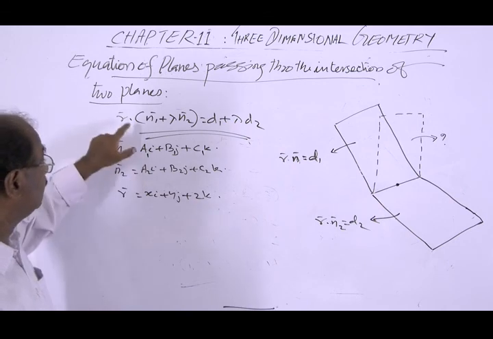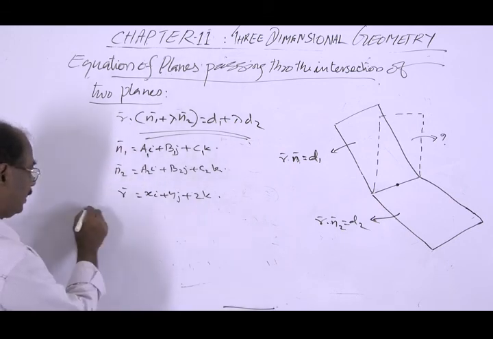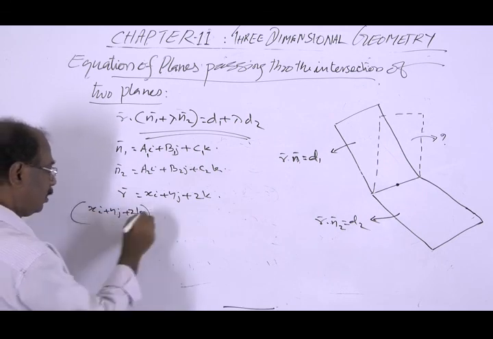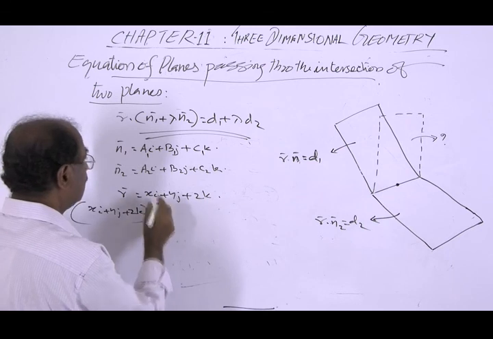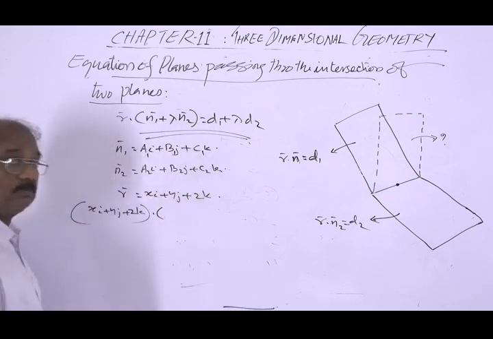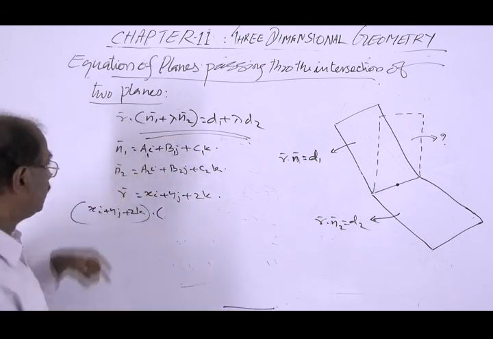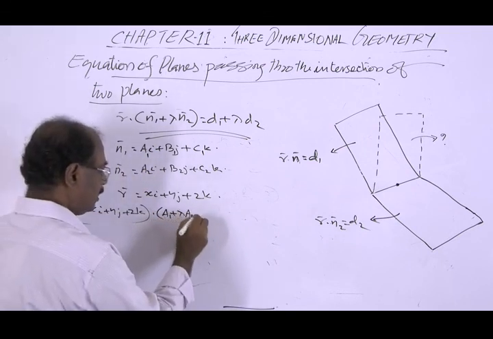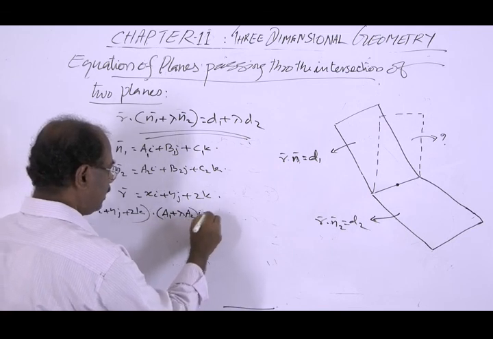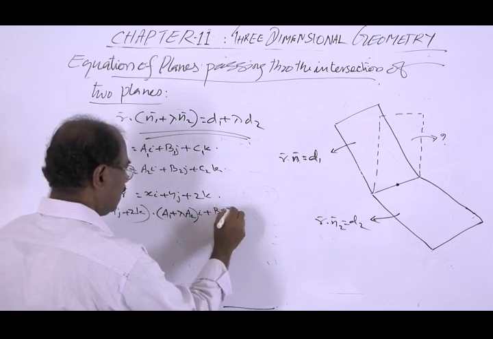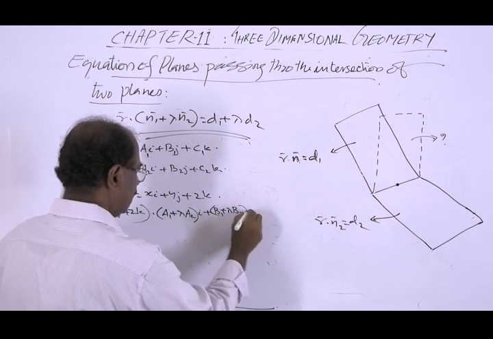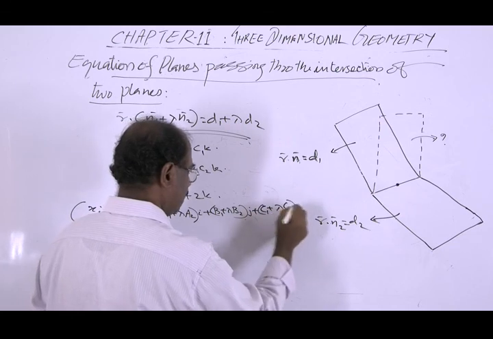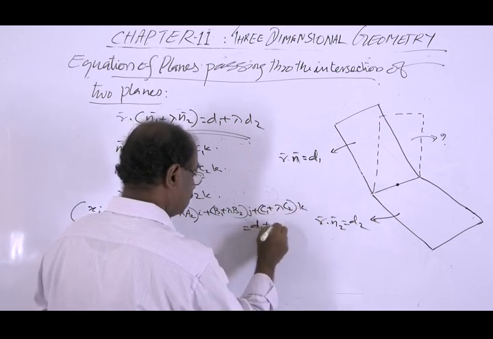Substituting these three, we see that x i plus y j plus z k dot (n1 plus lambda n2), we get (a1 plus lambda a2) i plus (b1 plus lambda b2) j plus (c1 plus lambda c2) k is equal to d1 plus lambda d2.